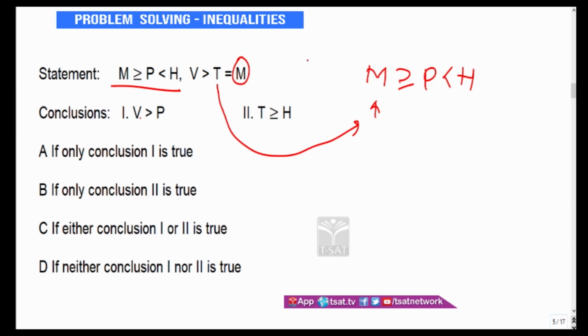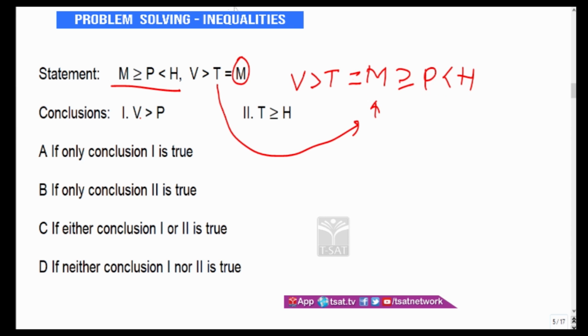M is equal to T, so write down here, M is equal to T. Another one is T is less than V. See here, T is less than V, here also T is less than V. So I am converting two statements into a single statement to get the answer fast.